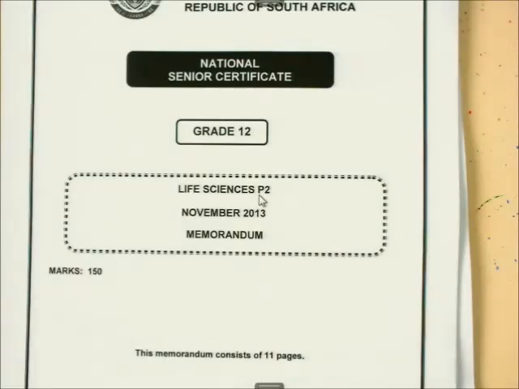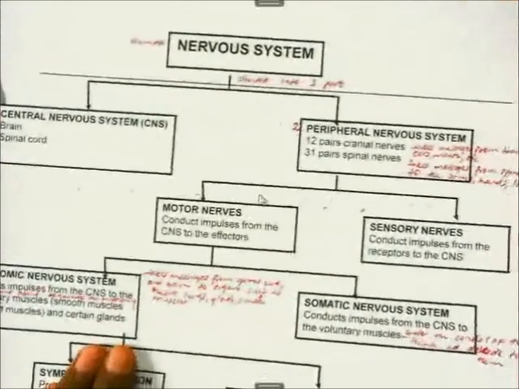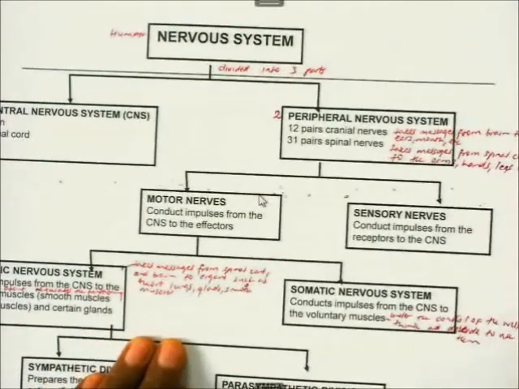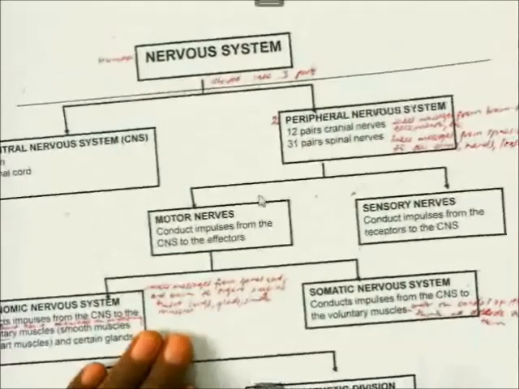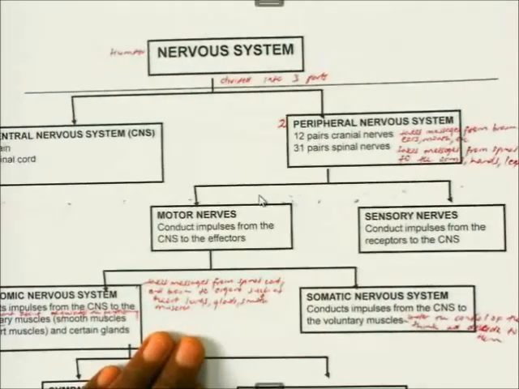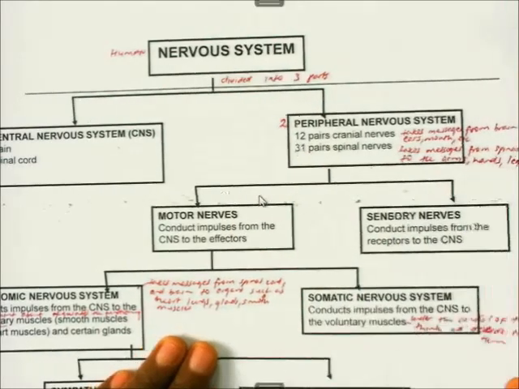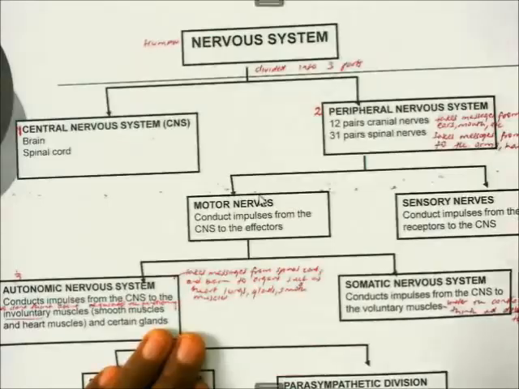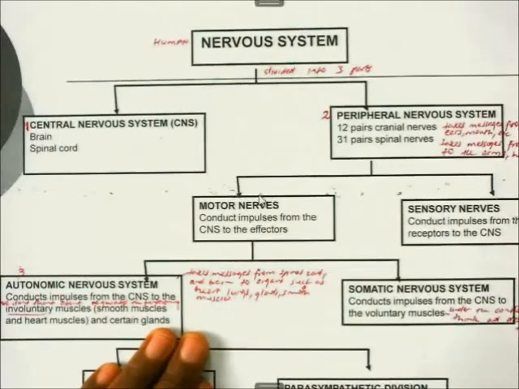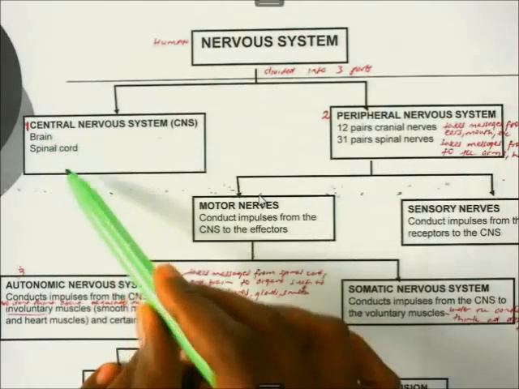Okay, coming to the parts now of the human nervous system. The human nervous system is divided into three parts. The three parts are the central nervous system, which consists of your brain and your spinal cord.